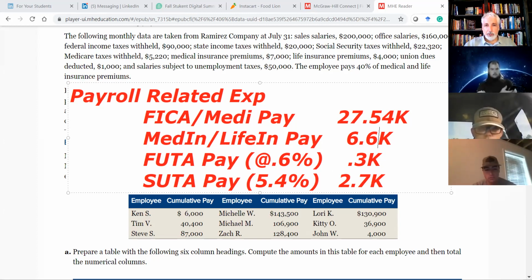Okay. So I'm going to plug my payroll. Now, sometimes you might separate that out: FUTA expense, SUTA expense, benefits, payroll. I just put it all in payroll related expenses, but you might see it isolated. But realize that you're debiting the expense. No surprise.